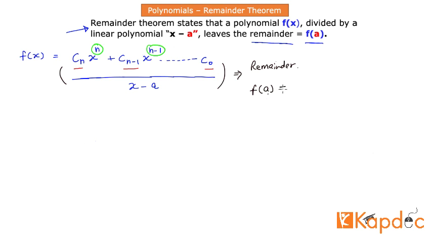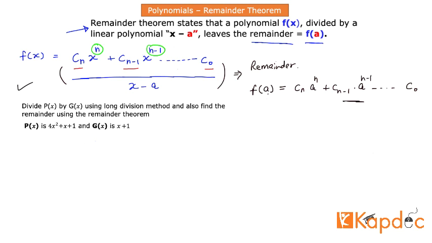Okay, and you can say that this f of a, or the remainder, can be computed as Cn times a to the power n plus Cn minus 1 times a to the power n minus 1, and so on all the way until you have replaced x with a in all of the terms of that polynomial. Okay, this is the meaning of this theorem. This is the purpose of this theorem, to find a quick value of the remainder of dividing one polynomial by a binomial. Okay, so let's take an example to understand this theorem a little better.